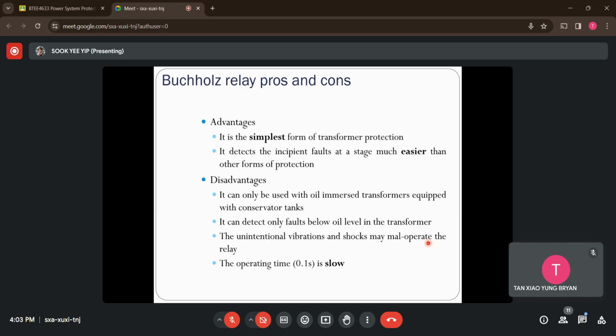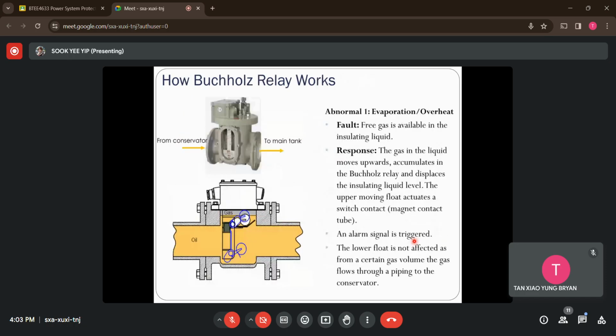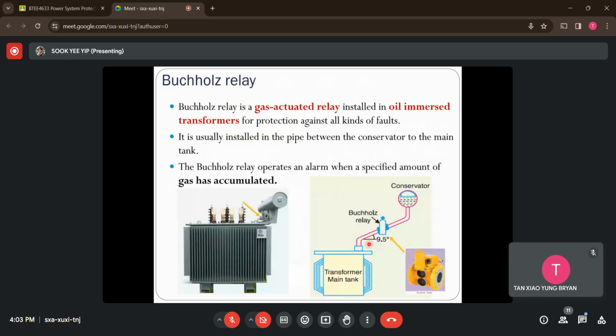So you can see it's a very sensitive relay. You have to ensure that the position remains at the specified angle, 9.5 degrees. If you vibrate it, the oil level within it is affected, so it might accidentally turn on the upper switch or probably the lower switch as well.